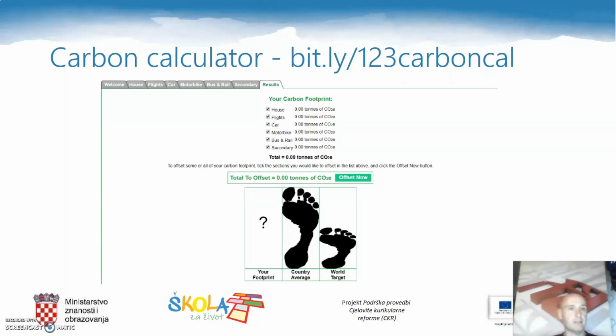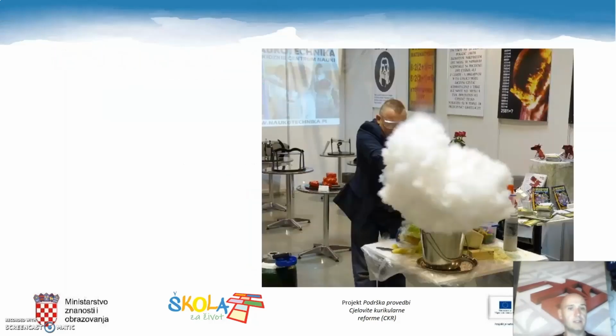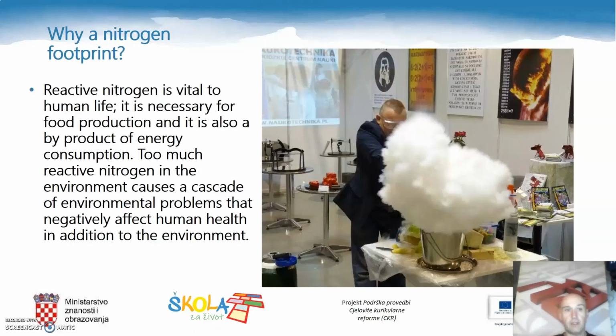The next thing that we will take a look at is nitrogen. Why a nitrogen footprint? Because reactive nitrogen is vital to human life. It is necessary for food production and it is also a byproduct of energy consumption.